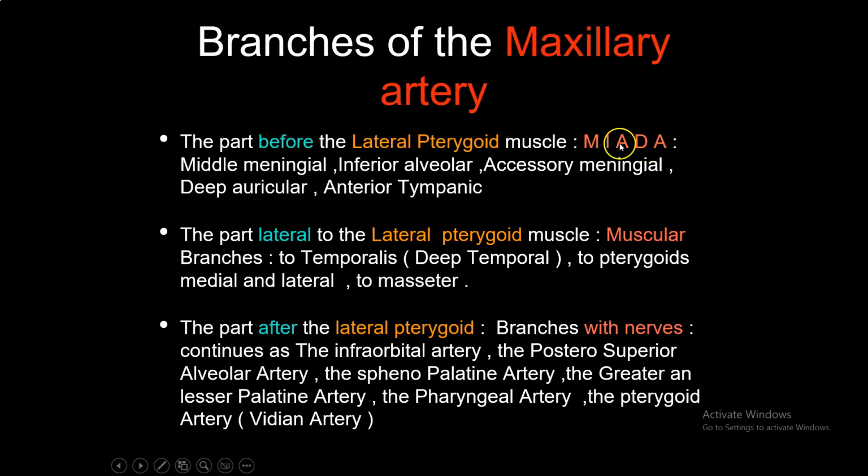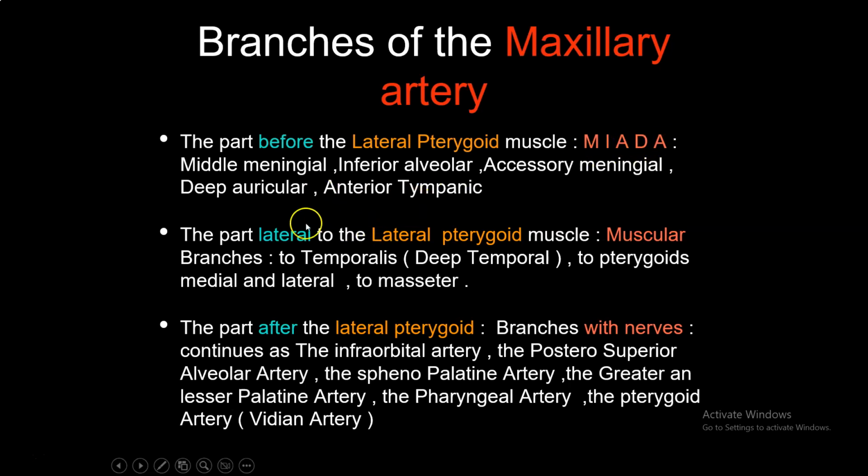Mayada is the name of pretty girls in Egypt or in the Oriental region, and M stands for the middle meningeal artery, then the inferior alveolar artery, then the accessory meningeal artery, then the deep auricular and anterior tympanic. So middle meningeal, inferior alveolar, accessory meningeal, deep auricular, anterior tympanic.